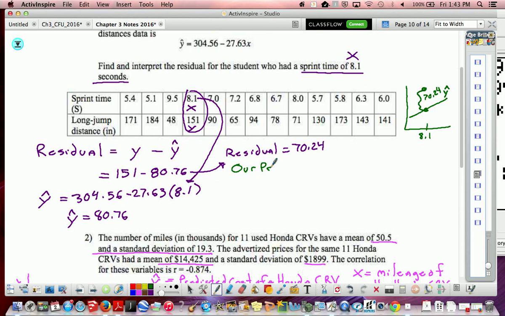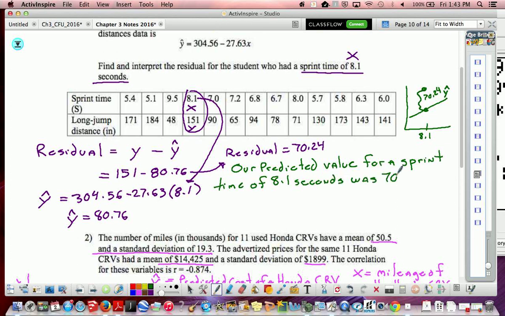Our predicted value for a sprint time of 8.1 seconds was 70.24 inches higher than what was observed.